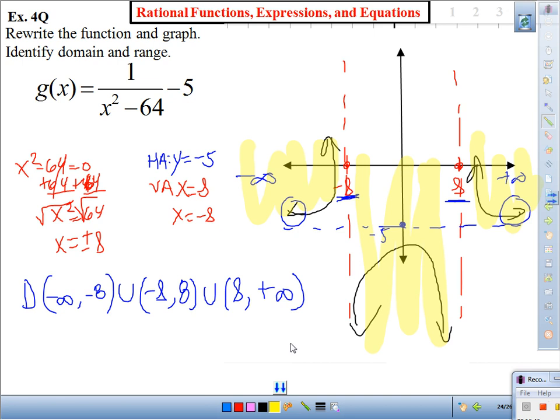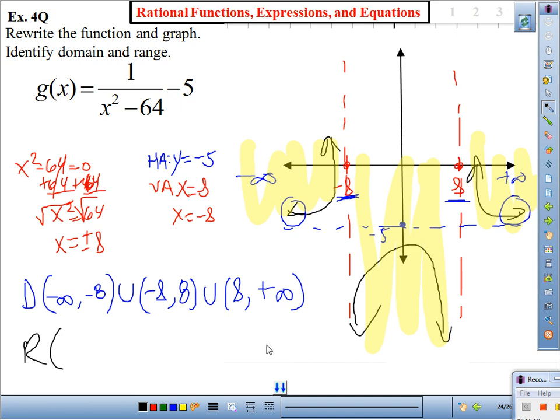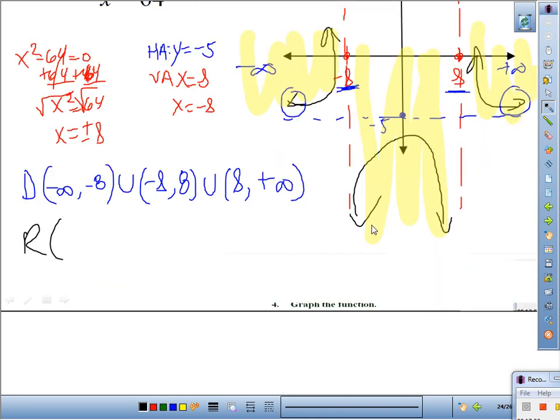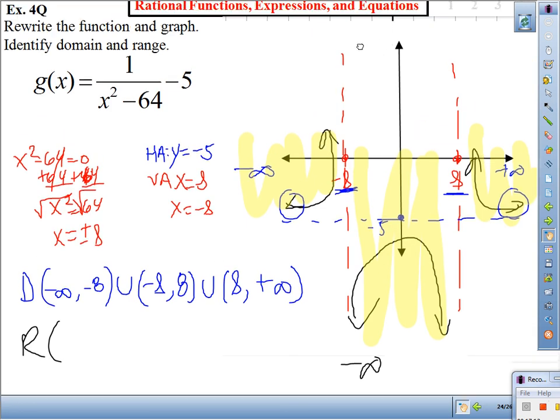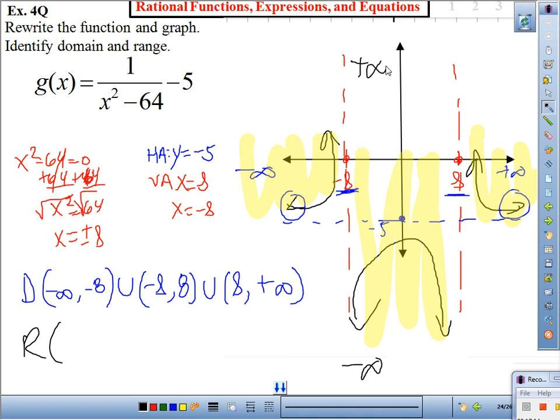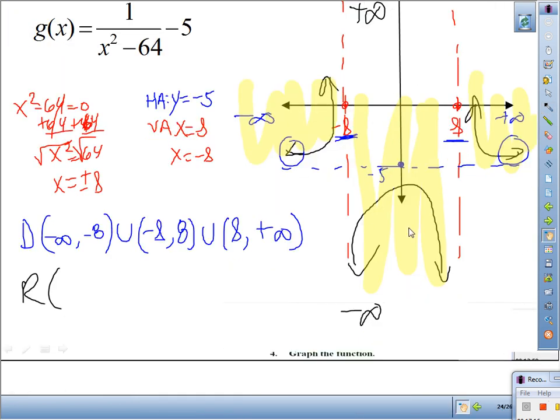Next, range. If we read it from the bottom to the top, who notices that this arrow keeps going downward? These two, so it goes to what? Negative infinity. These arrows up here keep going upward to what? Positive infinity. So for my y values, we go from negative infinity to what? Positive infinity. So what's the only y value that's excluded? This one right here, which is negative 5.